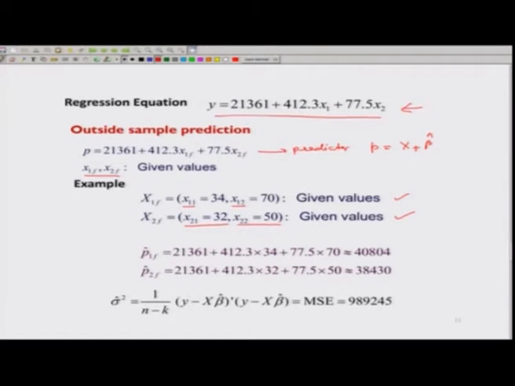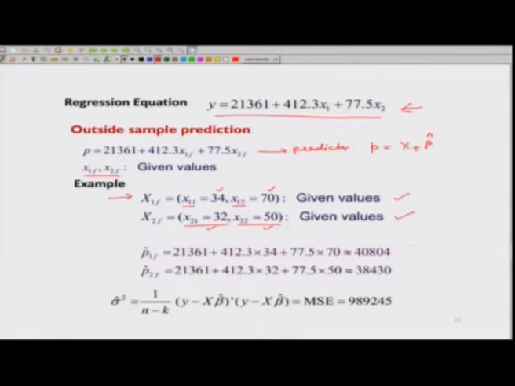So, in the first set we want to know the value of y when x1 takes value 34 and x2 takes value 70, and in the second case we would like to find out the value of y when x1 takes value 32 and x2 takes value 50.